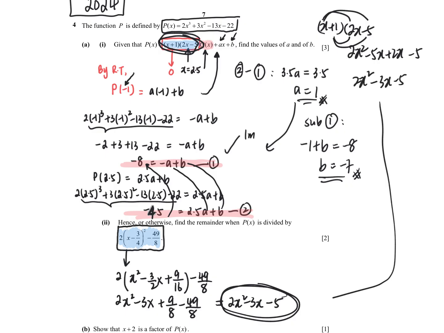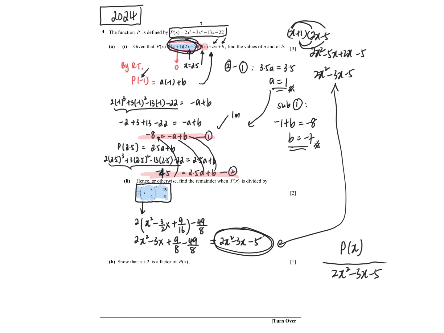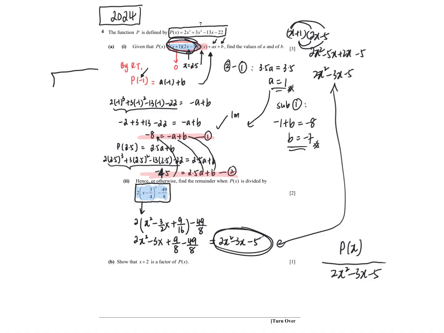So these two are actually equivalent. Why do they want you to divide by this? Remember, if you divide p of x by this thing, okay, what is happening is, can you see that when you do this and you divide by your 2x squared?